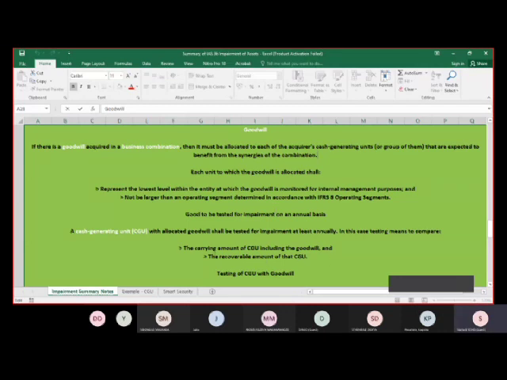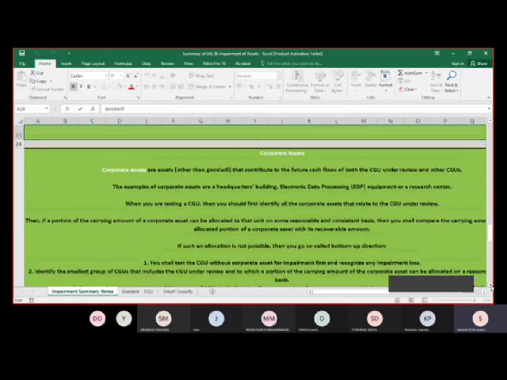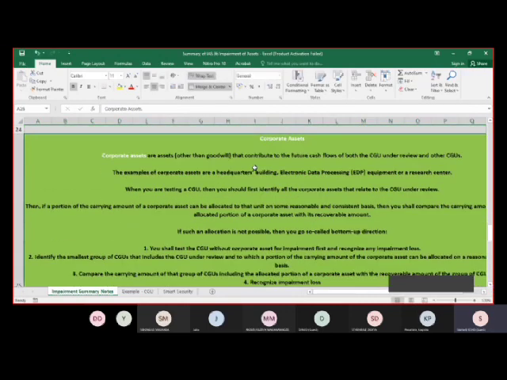So you must test overall, including the goodwill, for impairment, and when you start impairing, you must first impair the goodwill and then the individual assets within that CGU.